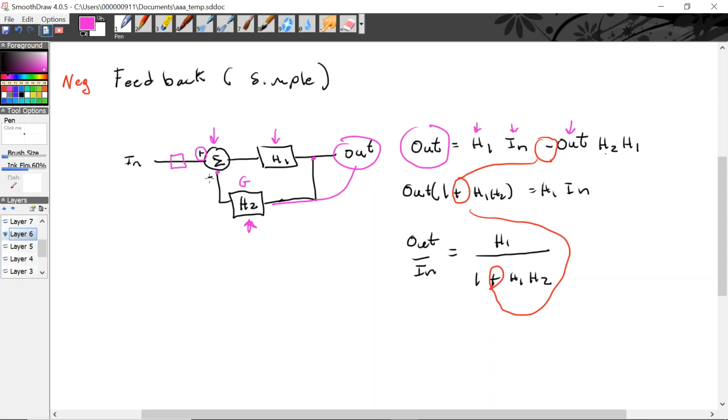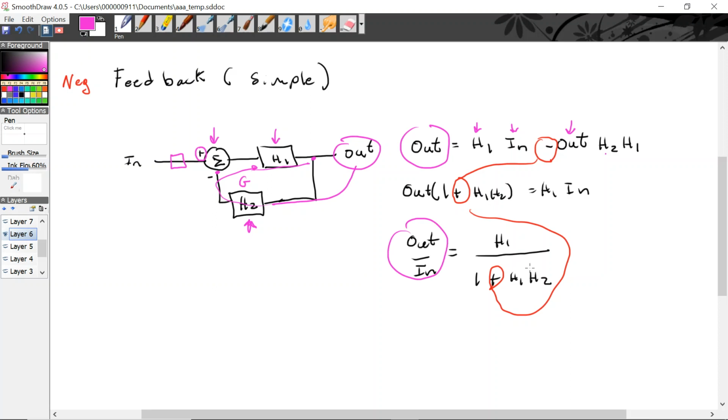Then I'm subtracted, or multiplied by minus 1, and then I multiply by H1 to get back where I started. Then we combine the terms: out times 1 plus H1 times H2 equals H1 times the input. And then we solve for the system transfer function.